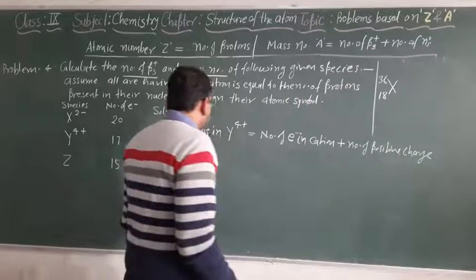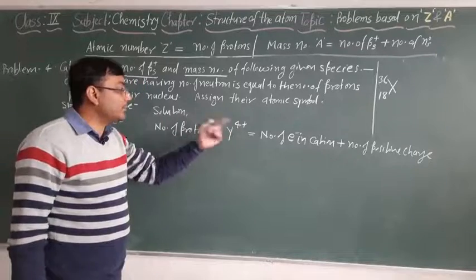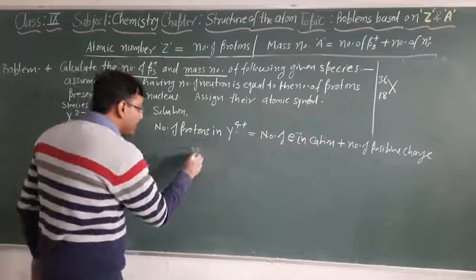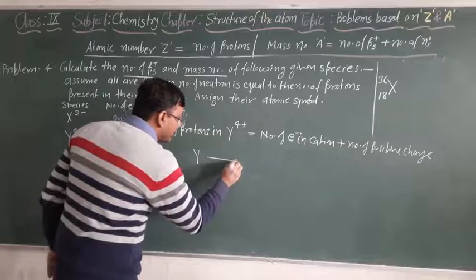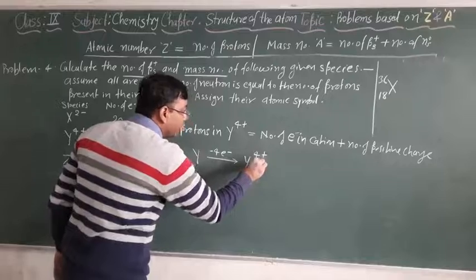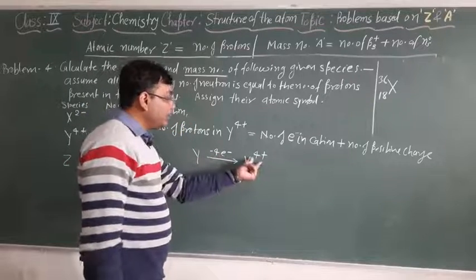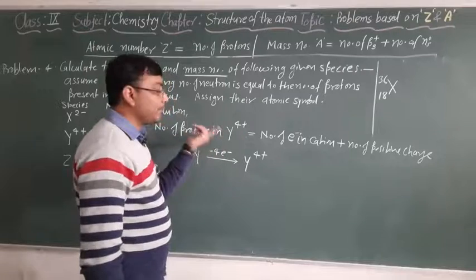Because it is formed, Y loses 4 electrons, then it gets converted to Y 4 plus. Clear? So we will add these 4 electrons to Y 4 plus.